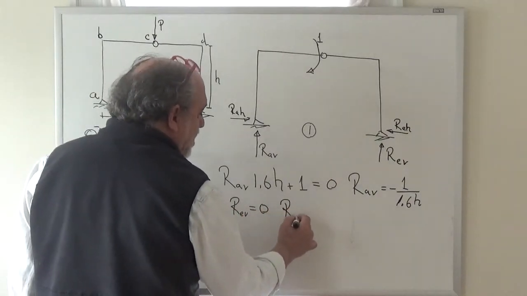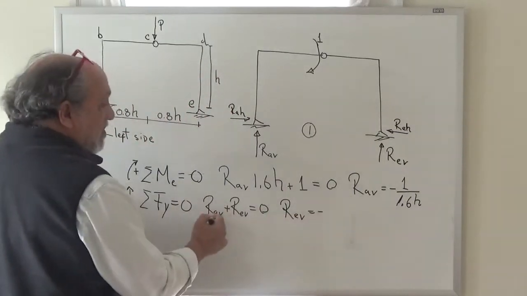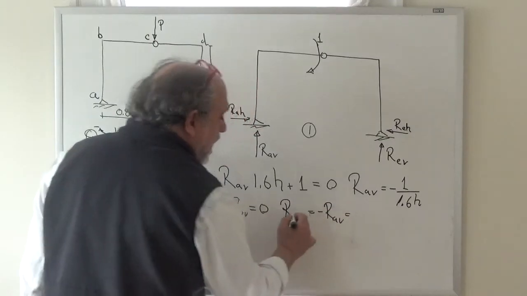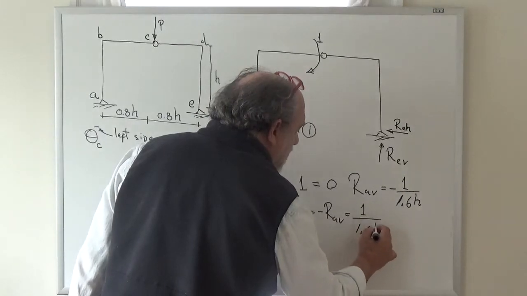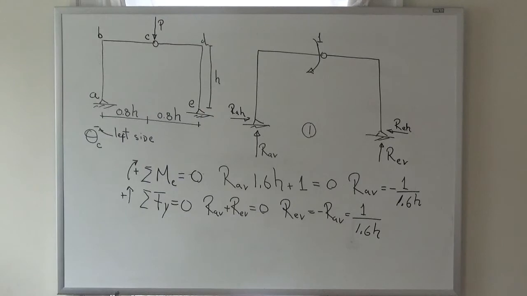Therefore, REV must be equal to minus RAV, and therefore REV is equal to 1 over 1.6 H. Sum of the forces in the x direction will say that RAH minus REH is equal to 0. It tells me that the 2 horizontals are equal and opposite, but it doesn't tell me what their values are.